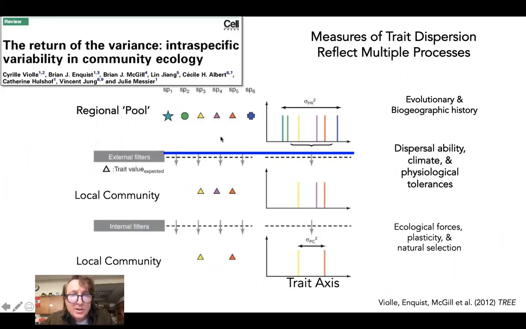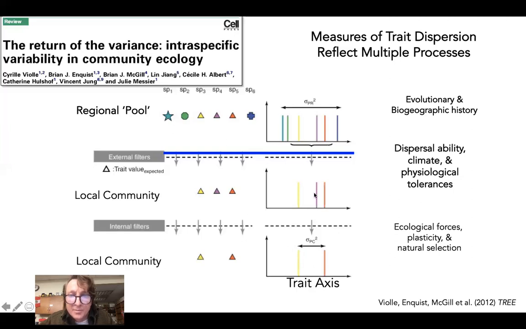Now, as those species disperse within a local community, if there is any sort of process that limits those traits that can get into a given community, that will limit the amount of variability of traits, that is, filter those traits that are found locally. But then as those species, once they arrive by immigration, start interacting with each other, a certain trait value may become selected against or become very rare, so that the dispersion will change, right?